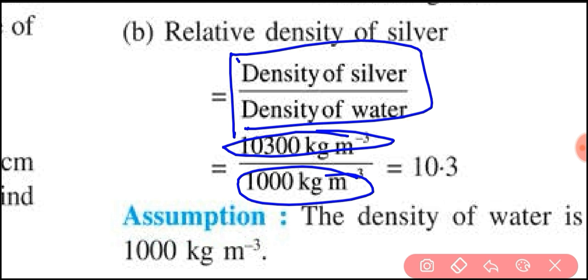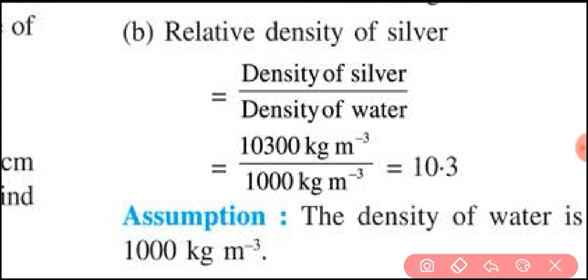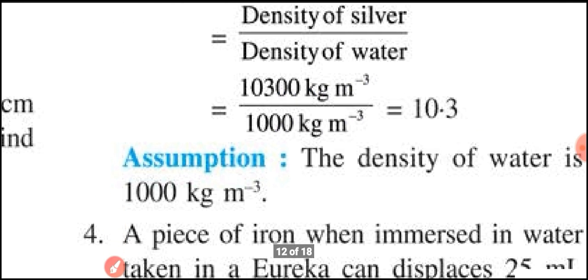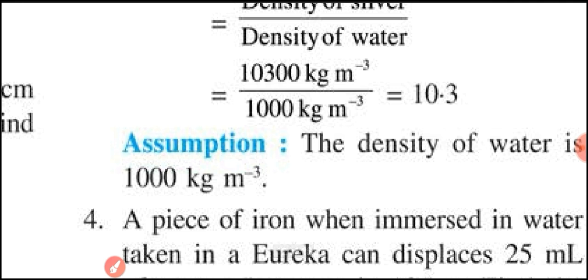So by doing the calculation, we will get the answer 10.3. Clear? 10.3. There is no unit for relative density, please keep that in your mind. We have discussed the assumption, the density of water is 1000 kilogram per meter cube, already in theory.